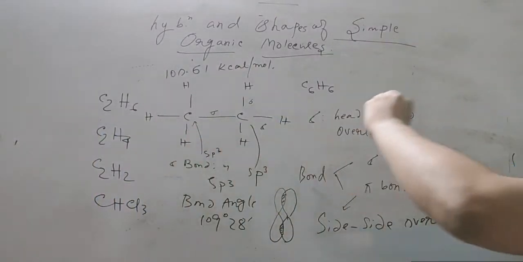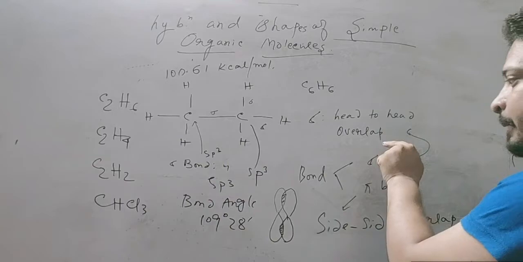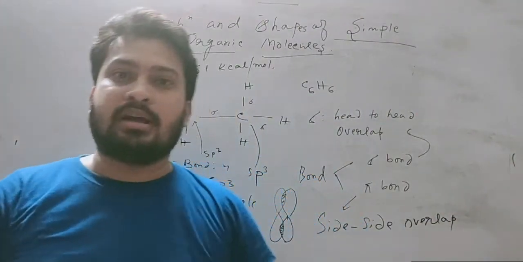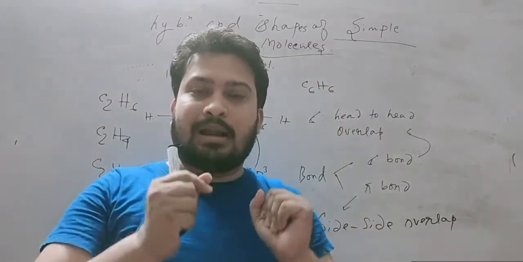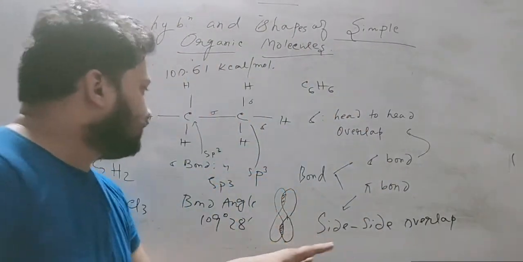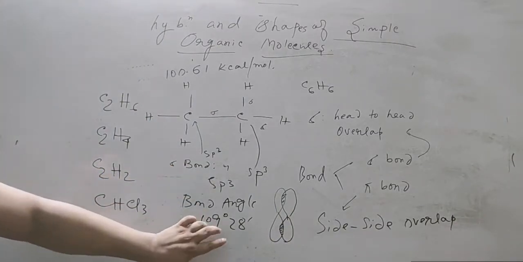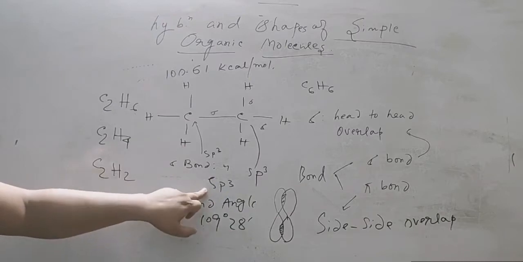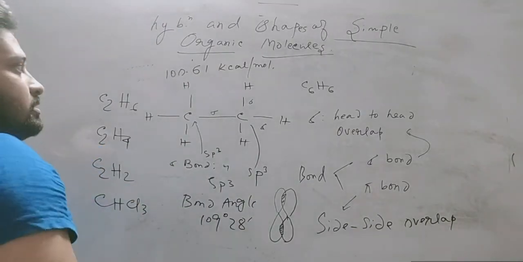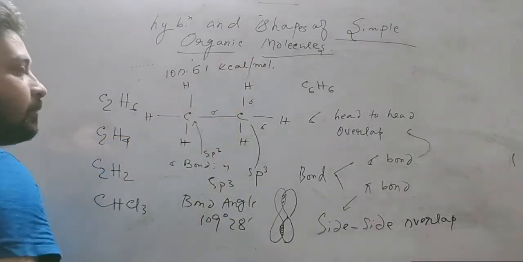So the nature of the bond between carbon and hydrogen and carbon carbon is sigma. Sigma means head to head overlap, and bond is classified into two categories, sigma bond and pi bond. The pi bond is side overlap. The bond angle is 109 degree 28 minutes, because this is sp3 hybridization, and the bond energy is 100.61 kilocalorie per mole.